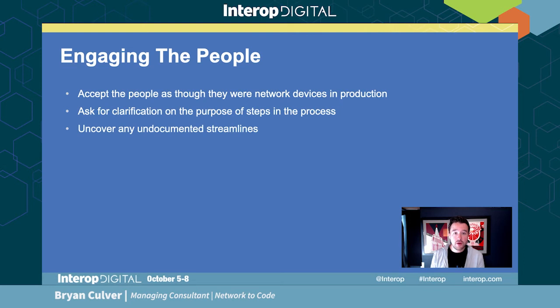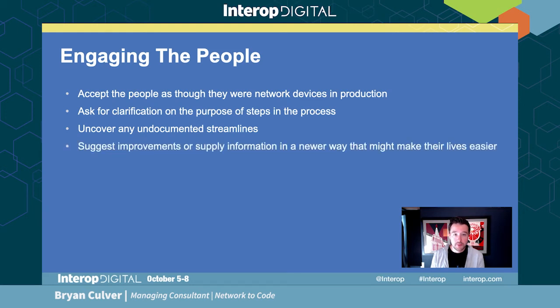People may have access to undocumented streamlinings of that process, but they don't always advertise it because it sometimes causes more errors or more headaches on their side. And you can also suggest improvements or supply information in a new way that may make their lives easier that they may not be aware of.